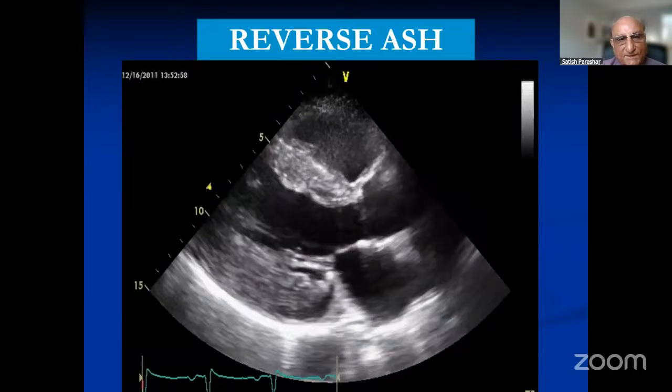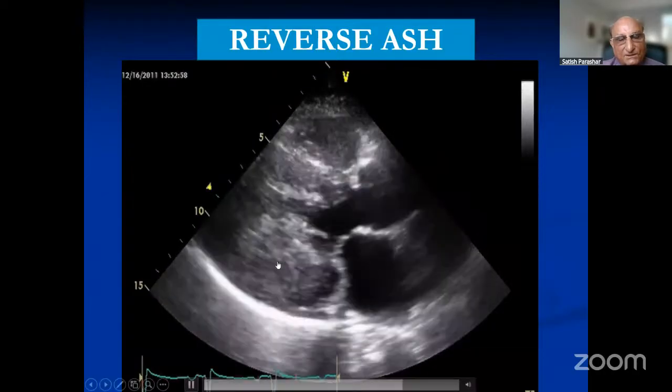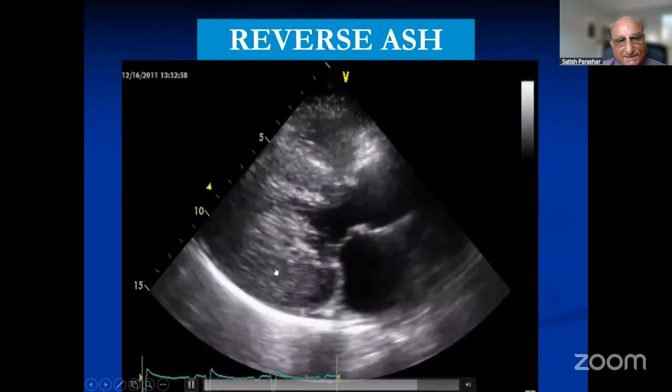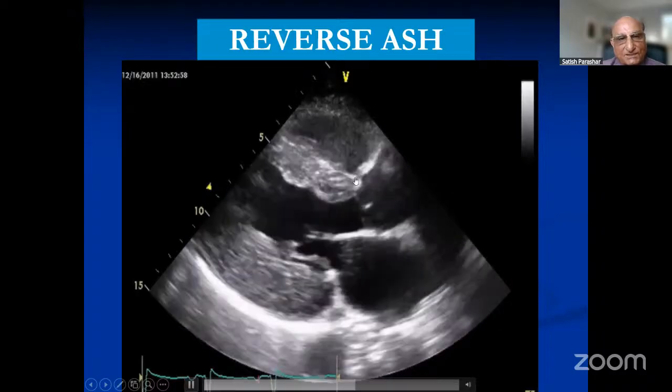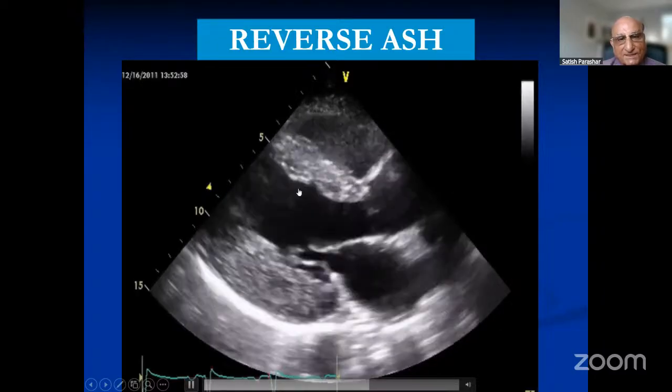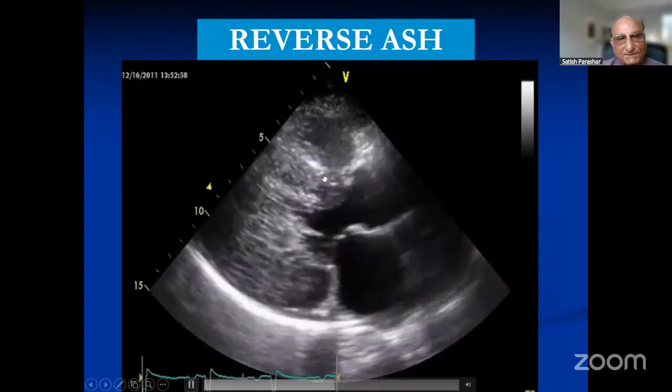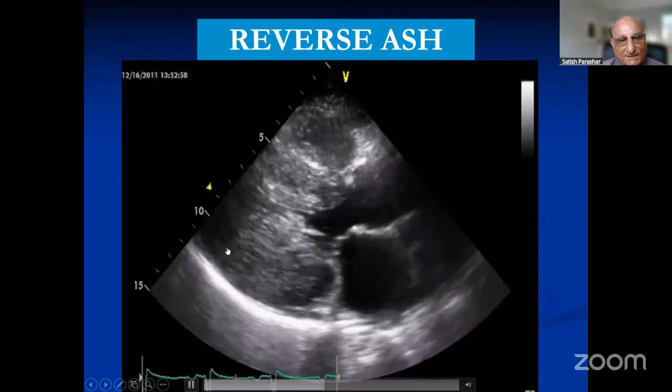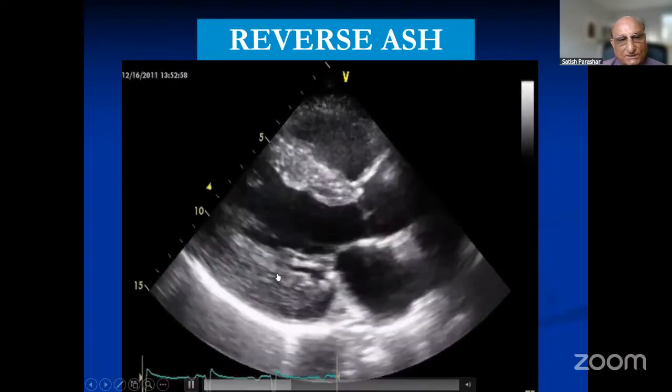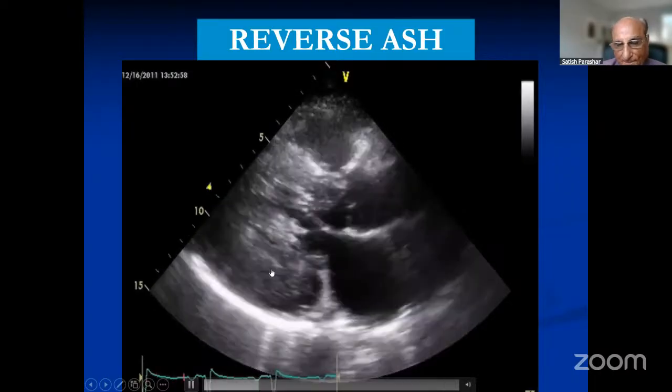This is another pattern where the inferolateral wall is markedly thickened as compared to the interventricular septum, like a reverse ASH, rather than this, which is the commonest one. This is a very uncommon one, showing a massive thickening here.